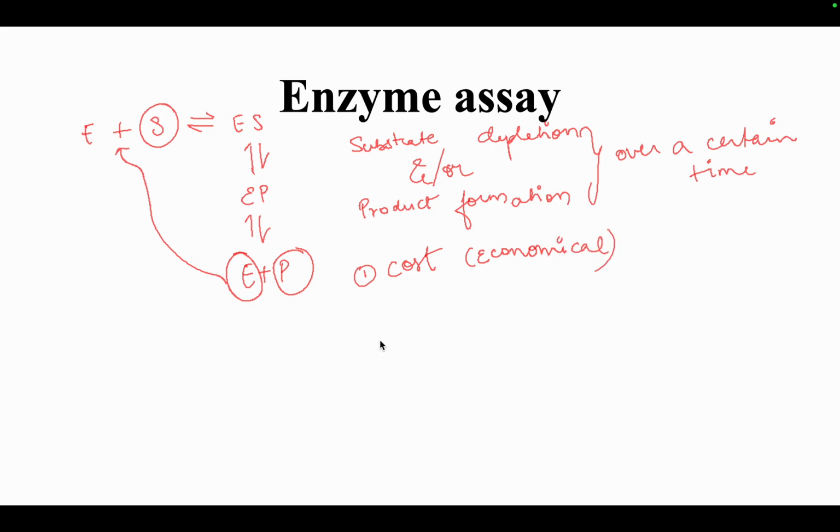Next, whatever equipment or technique we are using, that equipment of choice should be easily available. The technique should not be costly, and the equipment should not be rarely present. So equipment also comes in the cost.